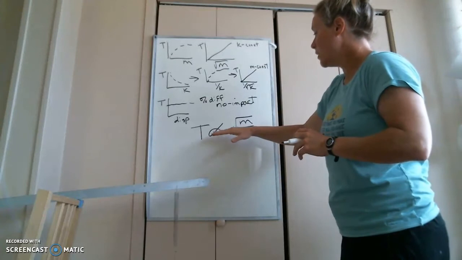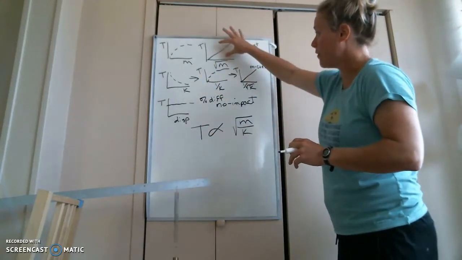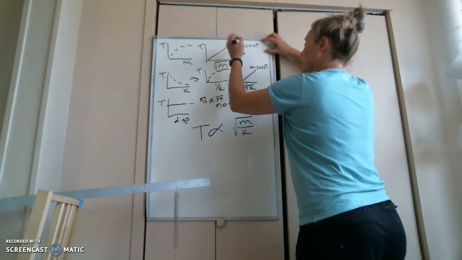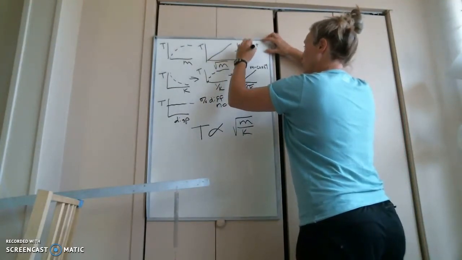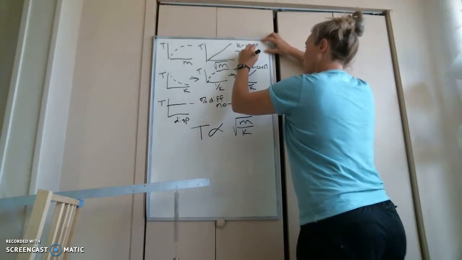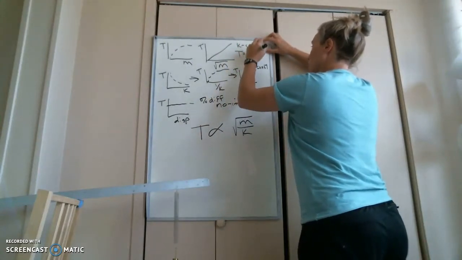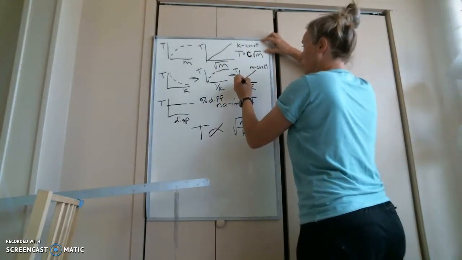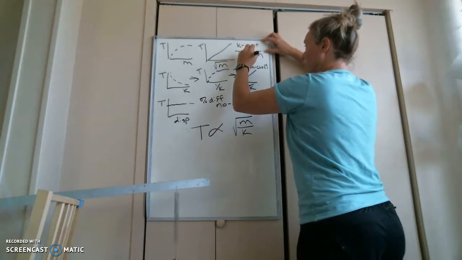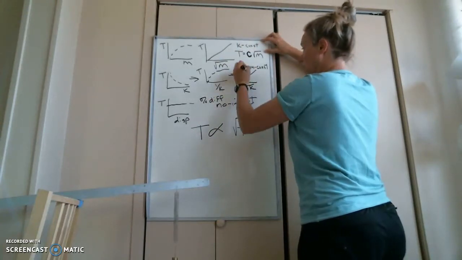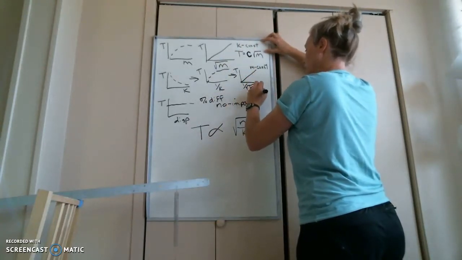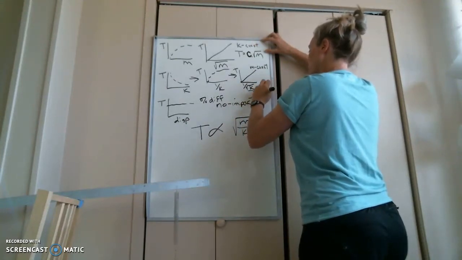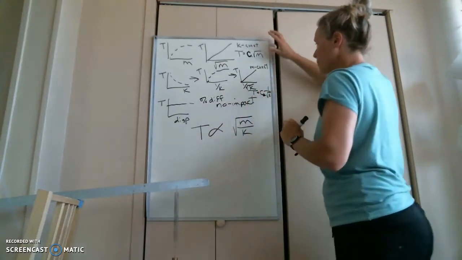Okay? What I could have done, if I had some data, is you would have gotten T equals some slope, and I'm just going to use a C for a constant, times the square root of mass. And this constant would have been a specific number. And on this one, I would have had T equal to some constant, maybe 1 and 2, times 1 over the square root of k.